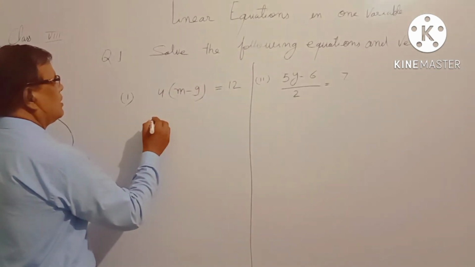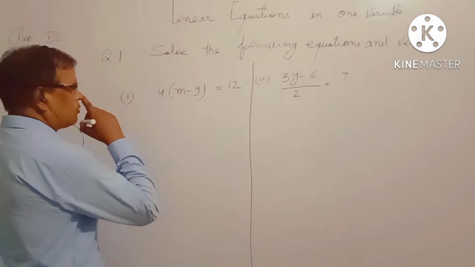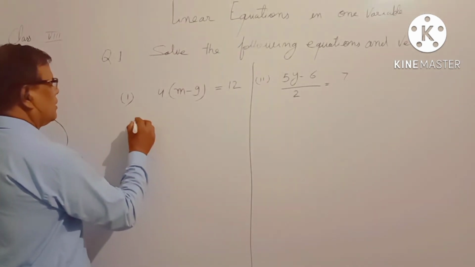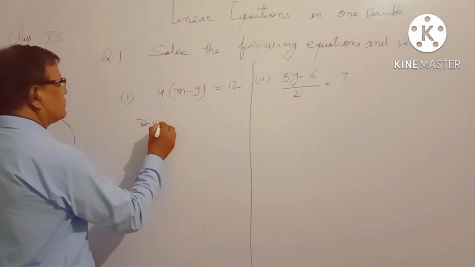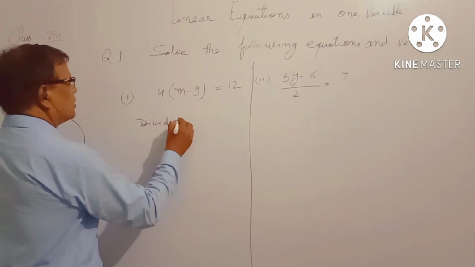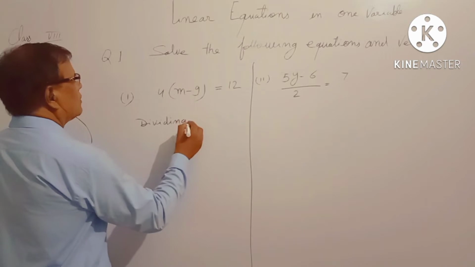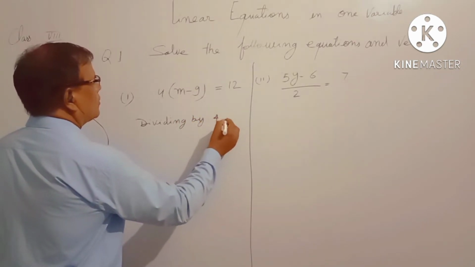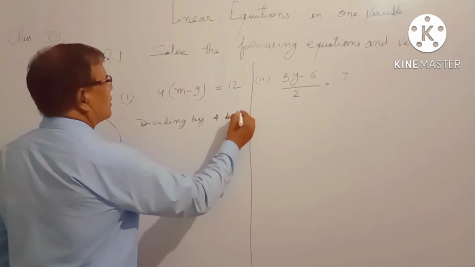As we see here, 4 is multiplied to m minus 9. So first we divide by 4 on both sides.